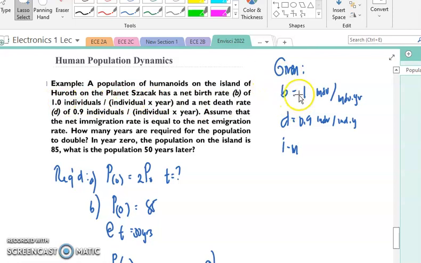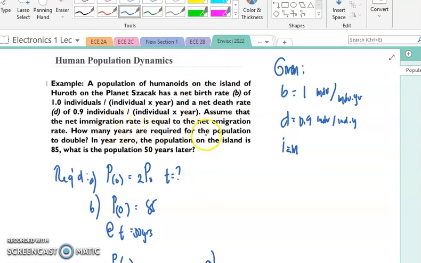So the birth rate B is 1. Then it has a net death rate of 0.9 individual per individual per year. So D is 0.9. And then assume that the net immigration rate is equal to the net emigration rate. So I is simply equal to M.